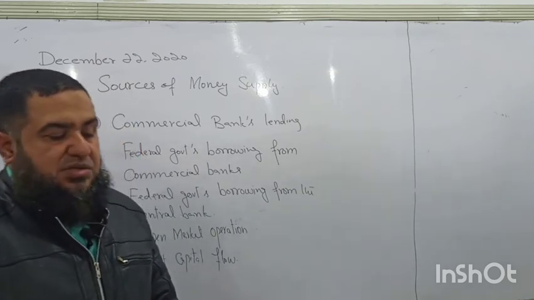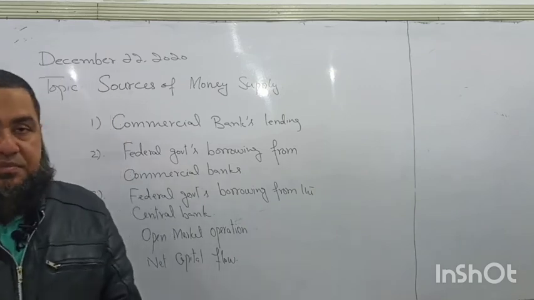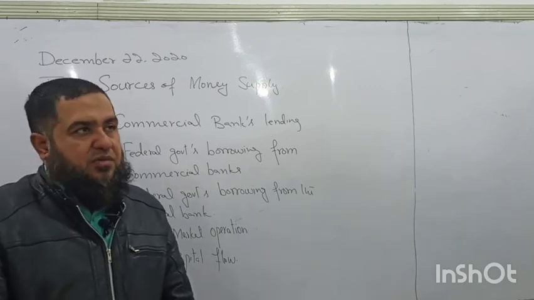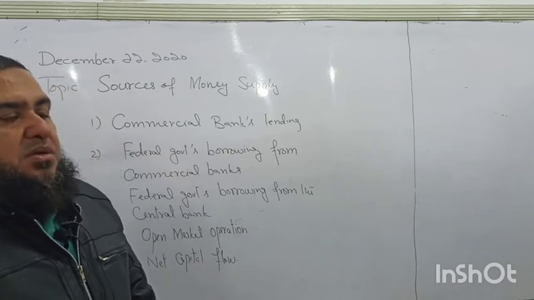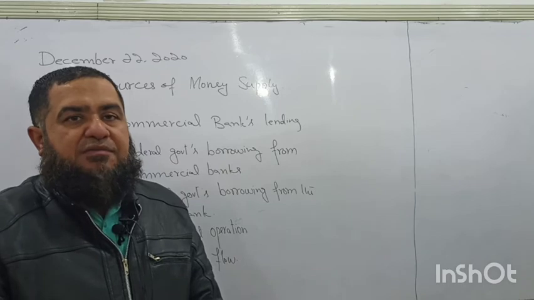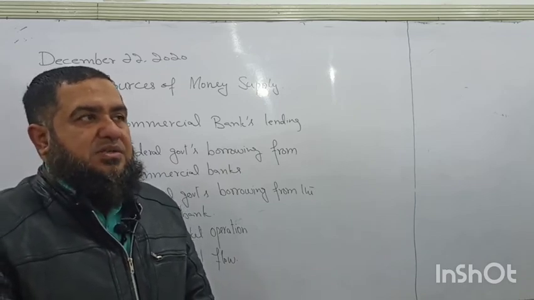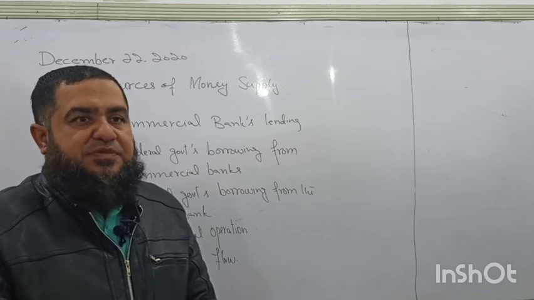They are linked with the commercial bank. If we have opened an account with a commercial bank, with HBL or with UBL, we have lent money to that bank. We are the lenders to the bank.